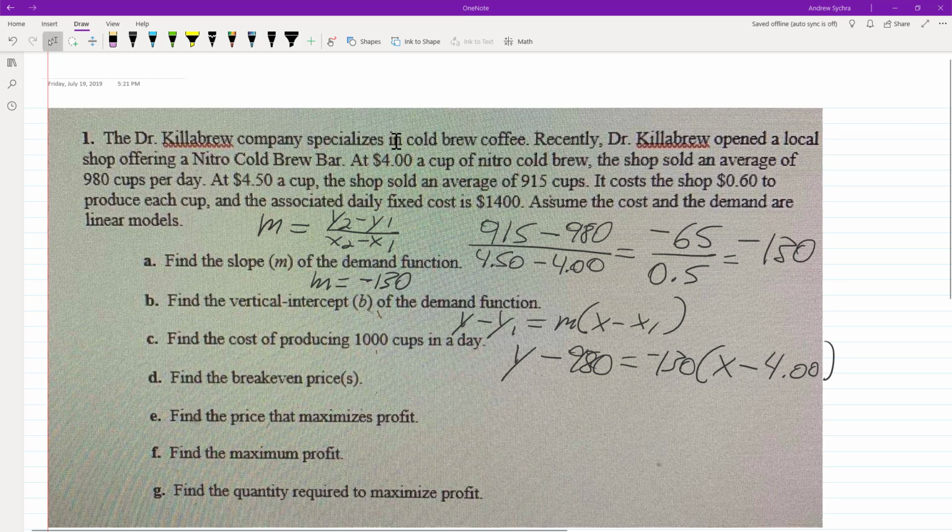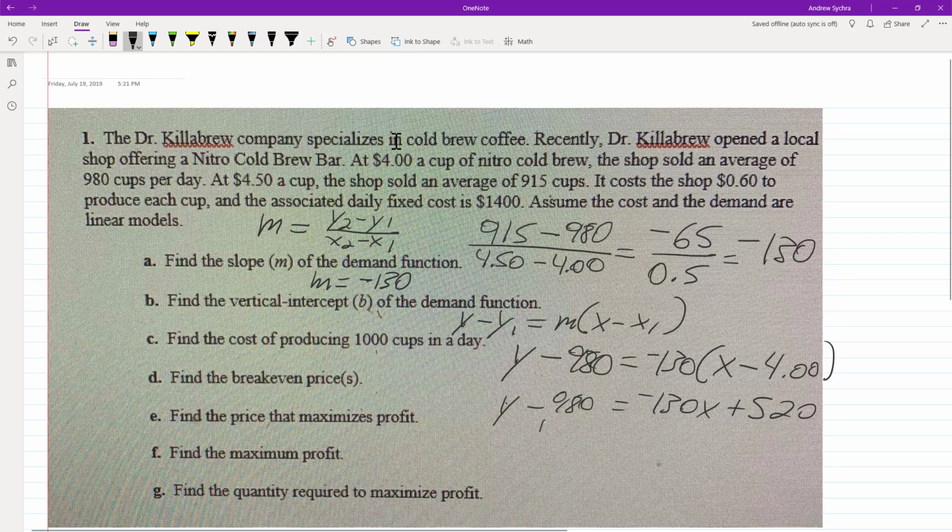Okay. All right, so we solve for this. We distribute across, we get y minus 980 equals negative 130x, and then this ends up being plus negative 130 times 4, which is going to be 520.